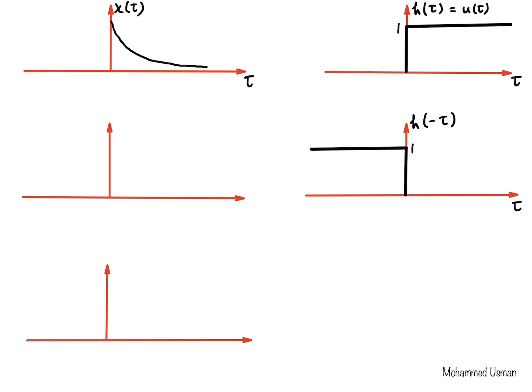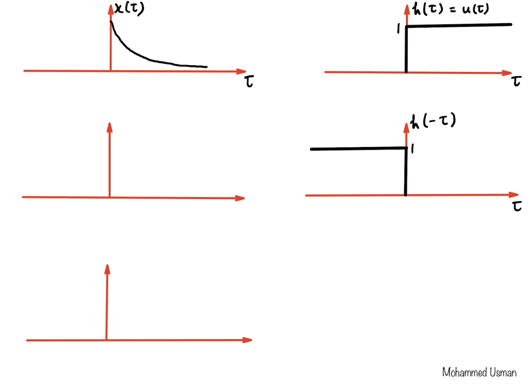Normally when it is plus, it is shifting to the left, and when it is minus, it is shifting to the right. But because the time axis is already reversed, h of minus tau plus t will be shifted to the right when it is plus and shifted to the left when it is minus.